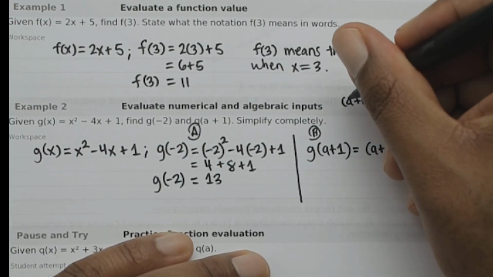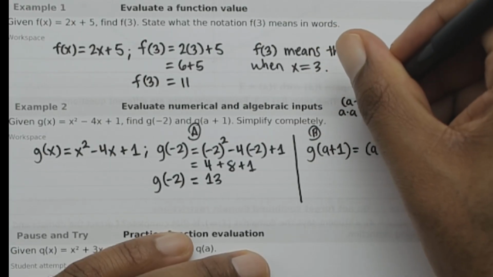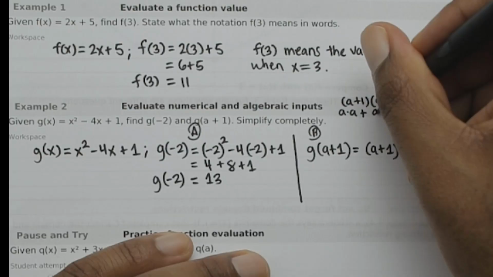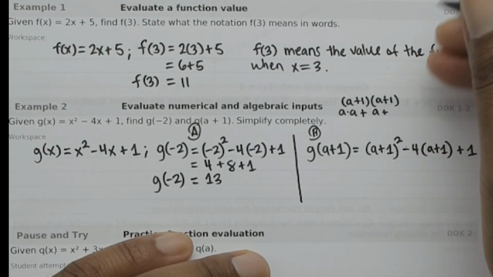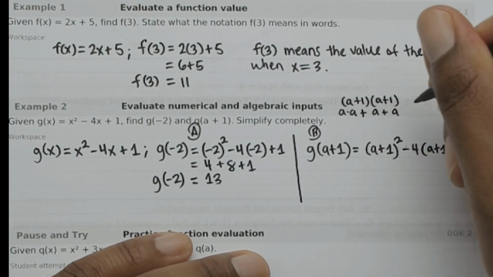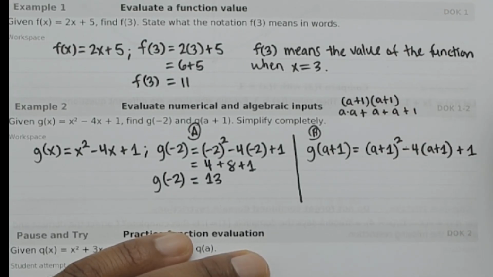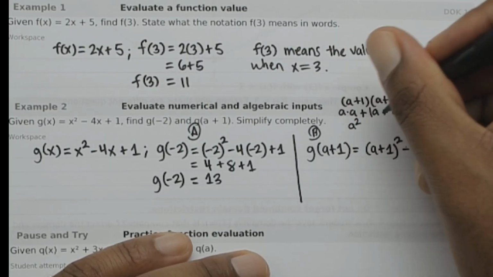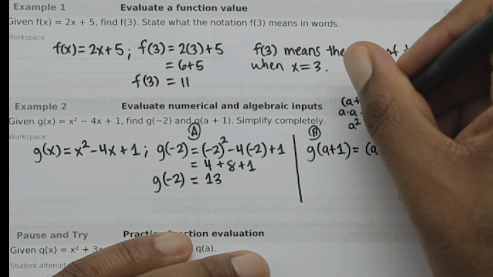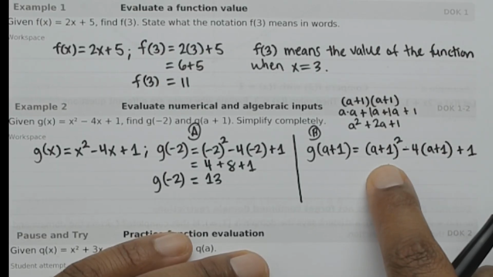The first terms are a times a, plus the outer terms, a times 1, which is a, plus the inner terms, a times 1, which is a, plus 1 times 1, which is 1. So this will generate a squared, and then this is 1a plus 1a, which is 2a, plus 1. Okay, so this is a squared plus 2a plus 1.